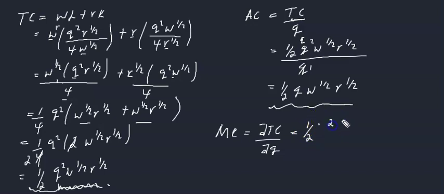So we drop a 2 here. Q, the 2 will reduce by 1, then this will just follow like that. We have that. So this and that will go. So we'll remain with Q, W half, R half, just like so. So that's it for the second question. Let's go on and work on the third one, which is our last question.